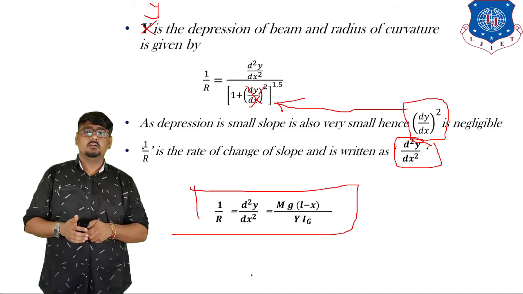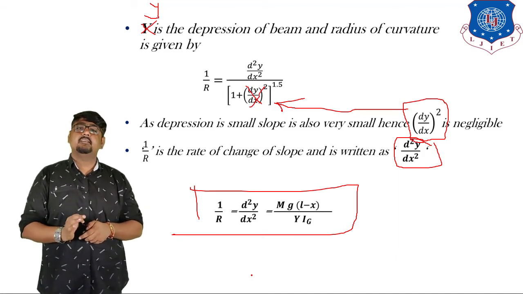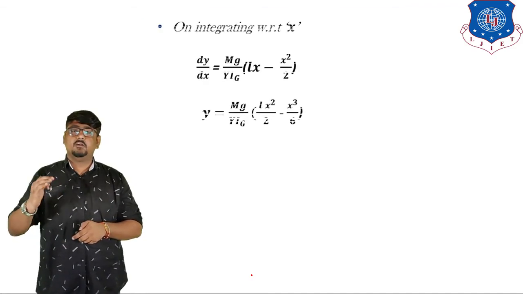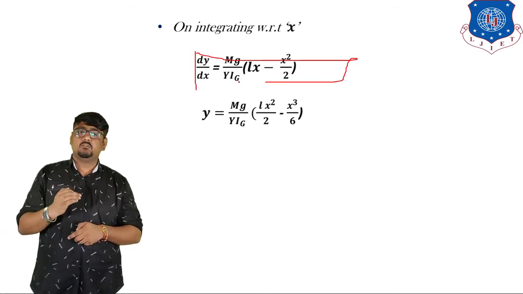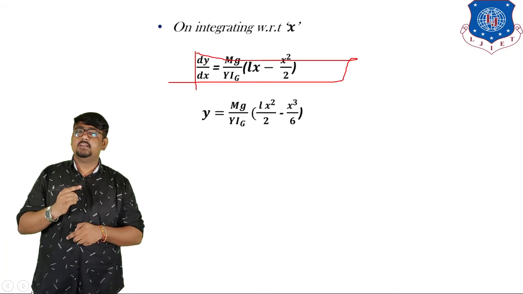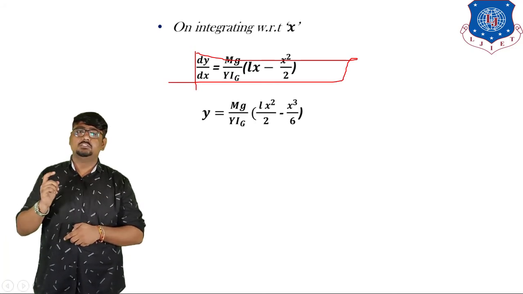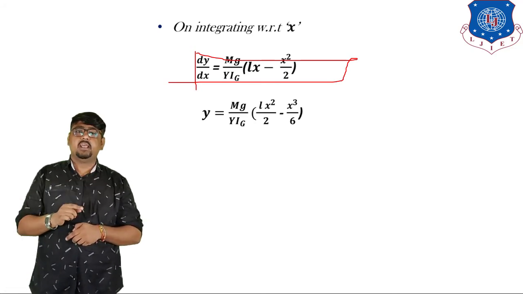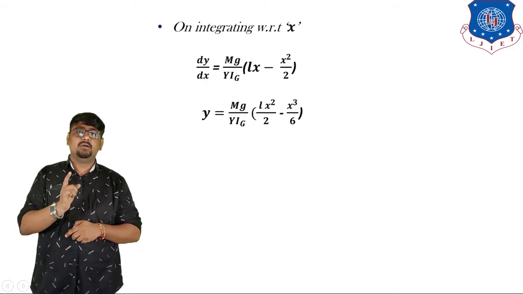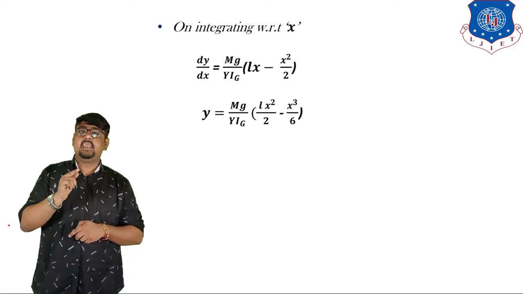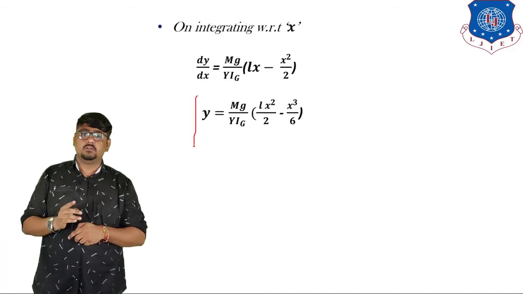On first integration, we get dy by dx equals mg upon Y Ig, which is constant, we have taken out, and in the bracket we have integrated (L minus x) as Lx minus x square by 2.